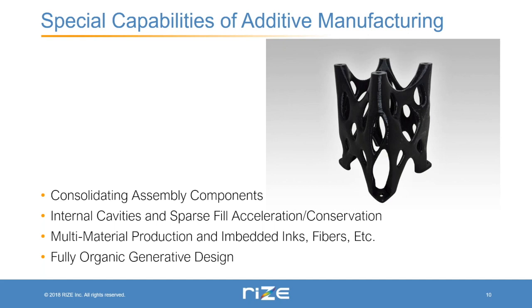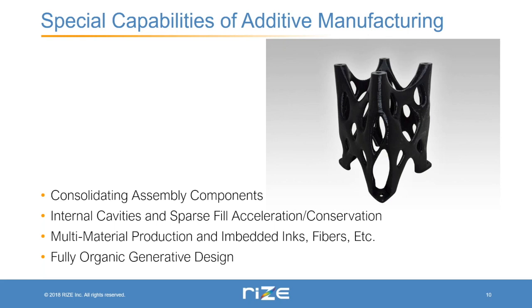Another capability of additive is that because it builds one layer at a time, it's able to embed inks, fibers, and other technologies into its volume. And in some cases, it's also capable of using multi-materials to combine different material properties into a single part.